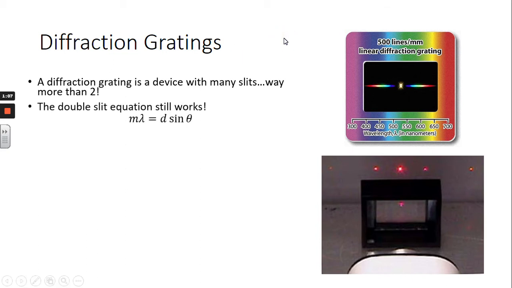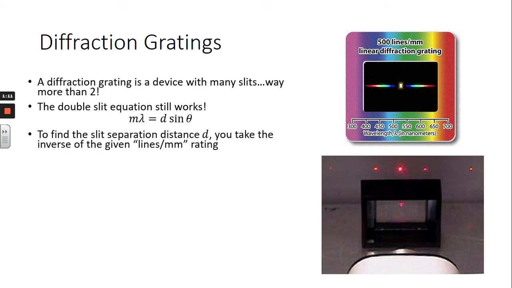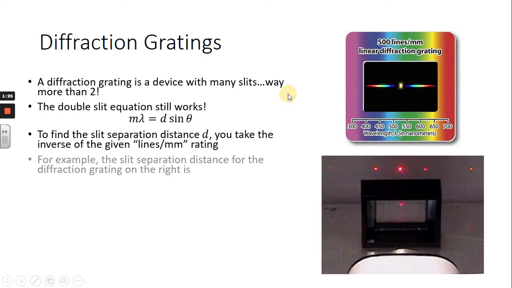This equation, m lambda equals d sine theta, still works, so we're still in good shape there. The thing we need to know is how do we figure out the separation distance, d? Diffraction gratings are rated just like the one in the image on the right. They're rated in terms of lines per millimeter. The inverse of that will tell you the millimeters per line, the slit separation distance.